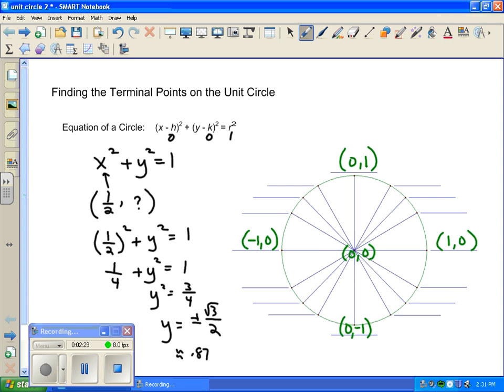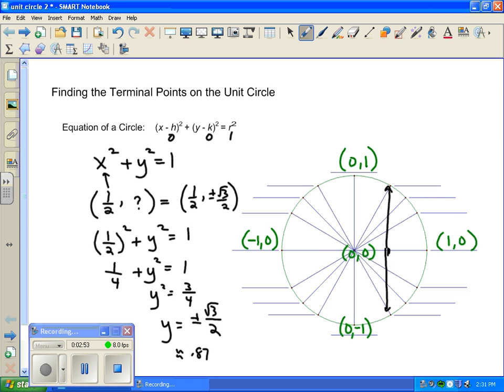Okay, so according to this equation, the ordered pair 1/2 and either plus or minus the square root of 3 over 2 is going to be on the unit circle. Well, where would that be? Let's say I'm on the unit circle in between the origin and 1, let's go to about 1/2. We could either go up or down. That's why we have a plus or minus.